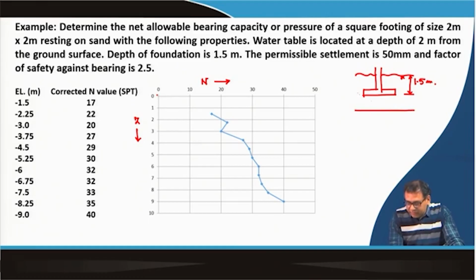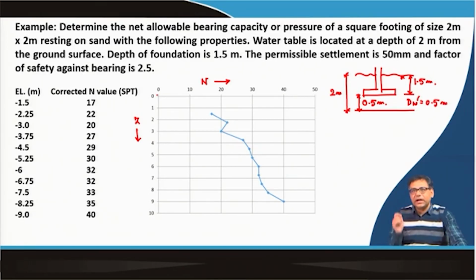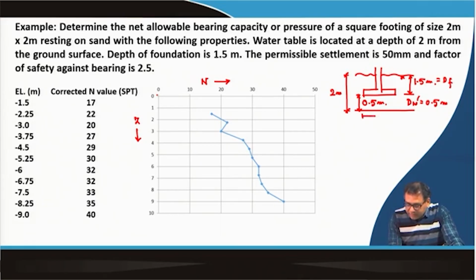The water table position is 2 meter from the ground surface, that means 0.5 meter from the base of the foundation. So, our Dw dash is 0.5 meter, Dw dash being the depth of the water table from the base of the foundation, Df is 1.5 meter and the width of the foundation B is 2 meter.